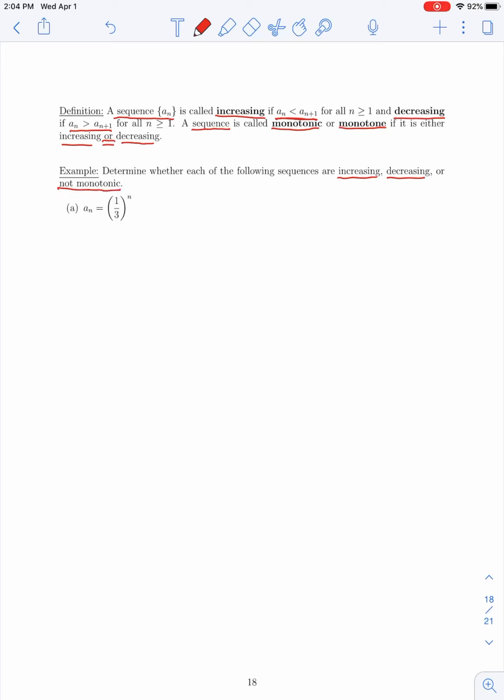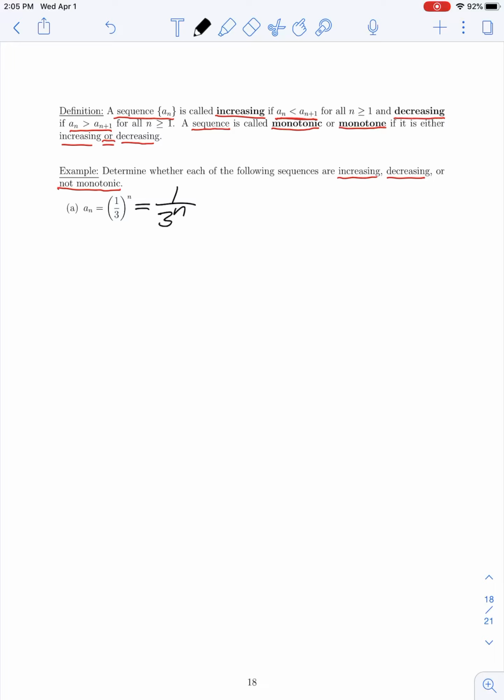So let's look at some examples of determining monotonicity. In this next problem, we're given a sequence and we're asked to determine whether it is increasing, decreasing, or not monotonic. So in our first example, part A, the general term of our sequence is (1/3)^n.